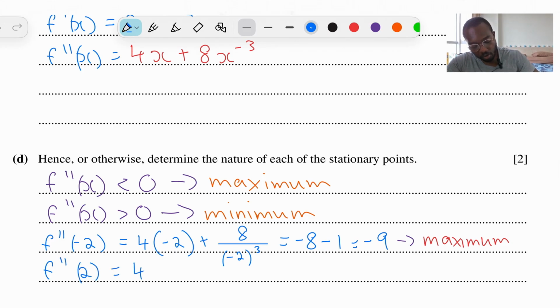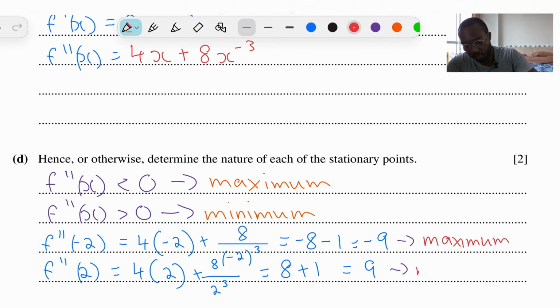So that would be 4 times 2 plus 8, and that would be over 2 cubed, which would give me 8 plus 1, which is 9. And because that 9 is greater than 0, that would be a minimum point.